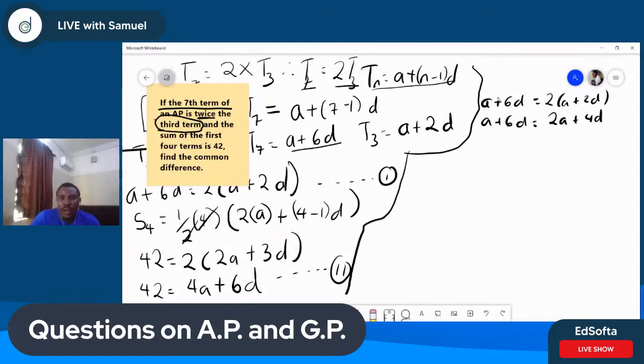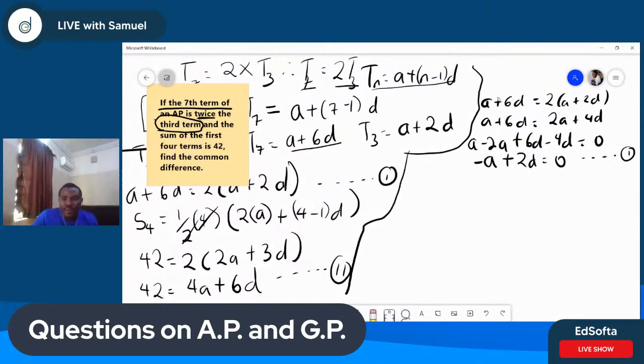We can collect like terms, or we can just take everything to one side. So we have A minus 2A plus 6D minus 4D is equals to 0. What I did was just to bring all this to this side. When you bring them to this side, they change sign. So you have minus A plus 2D is equals to 0. This is our actual equation 1.